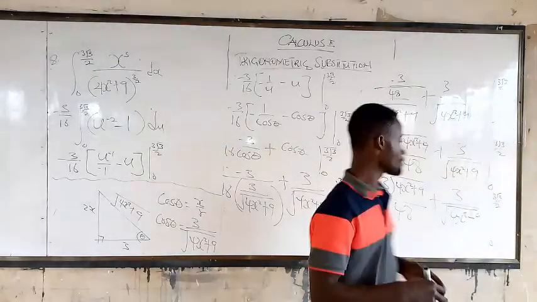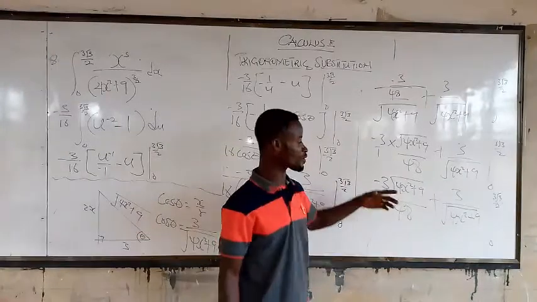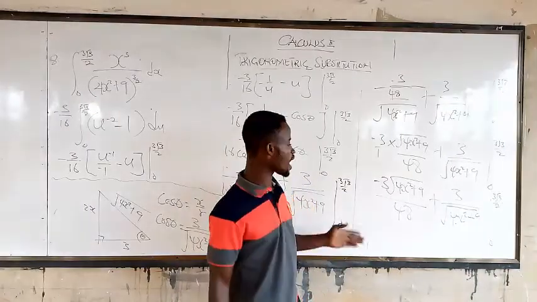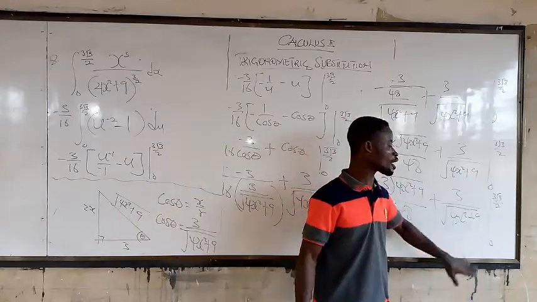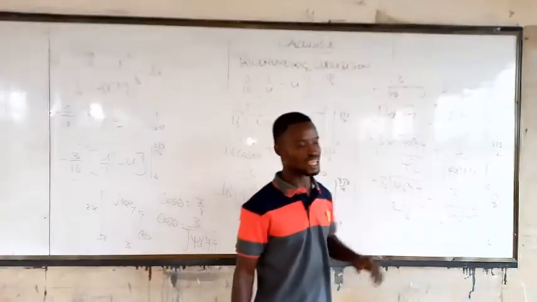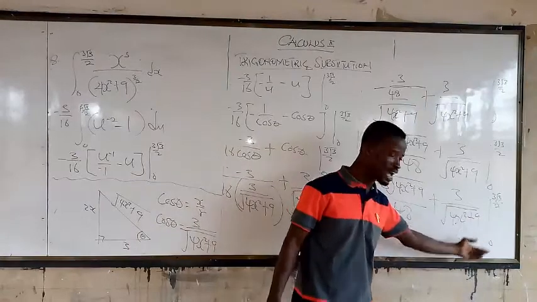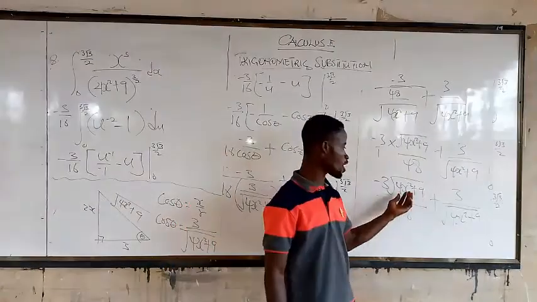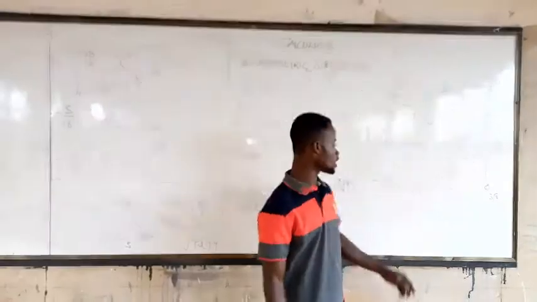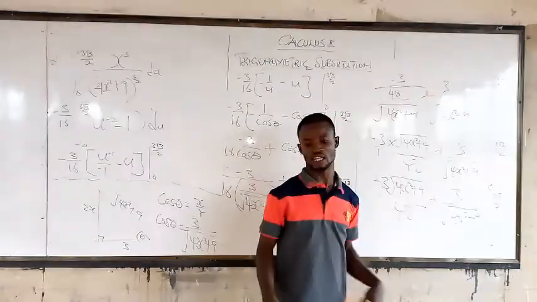Alright, so in case you have a question in indefinite integral, that means that you will leave it as this, then you add plus c. And if it's definite like what we have, now that you have transformed back your s's, you now do upper bound minus the lower bound.